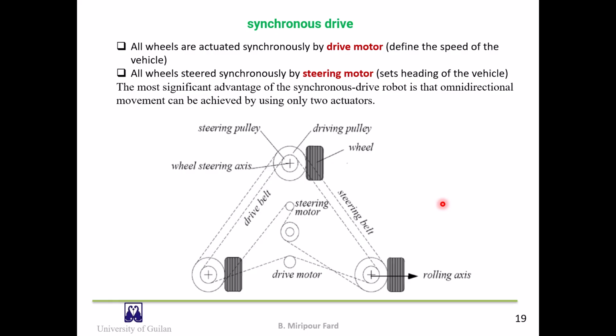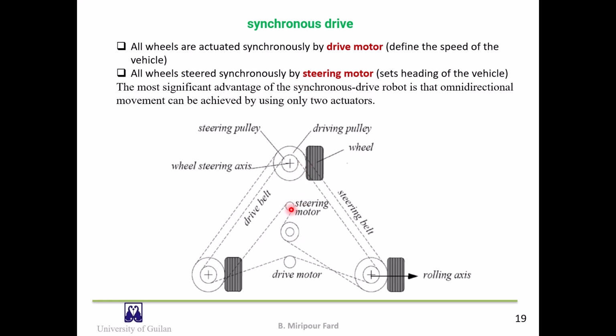Here you can see another picture of a synchronous drive robot. All wheels are actuated synchronously by a drive motor. Here is the drive motor, and the drive motor defines the speed of the vehicle. All wheels are steered synchronously by a steering motor.